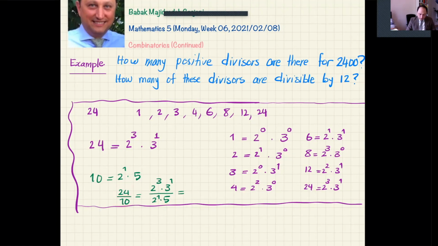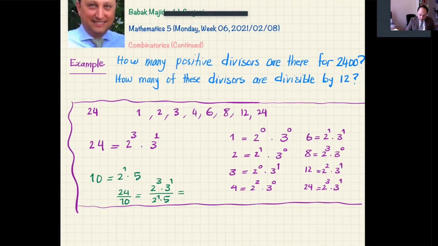So the reason that this number is not divisible by 10 can be viewed in this way, because in the factoring of 10, I have a prime factor which is not a prime factor of that one. Okay, so this is one reason that 24 is not divisible by 10.